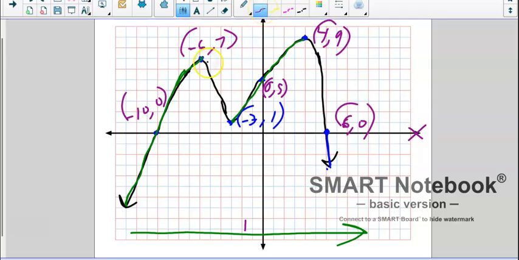And then from here to here is decreasing. Same thing here. Okay. Actually, I should put the arrow here. Okay, so it is increasing, between, if we want to just talk about the points, we would say it's between -10, 0, and -6, 7, all right?